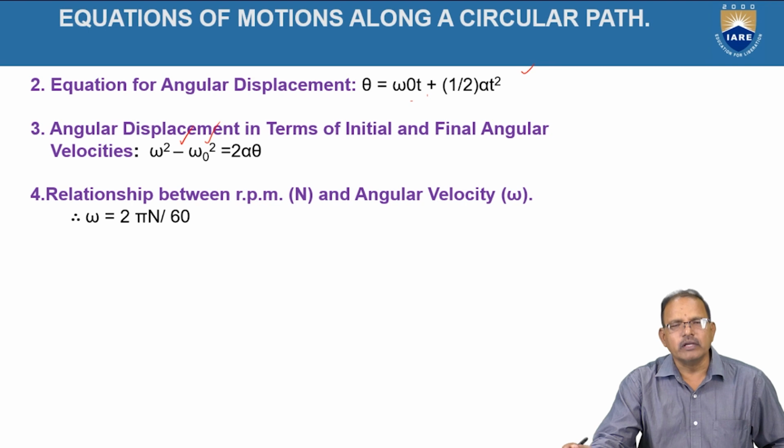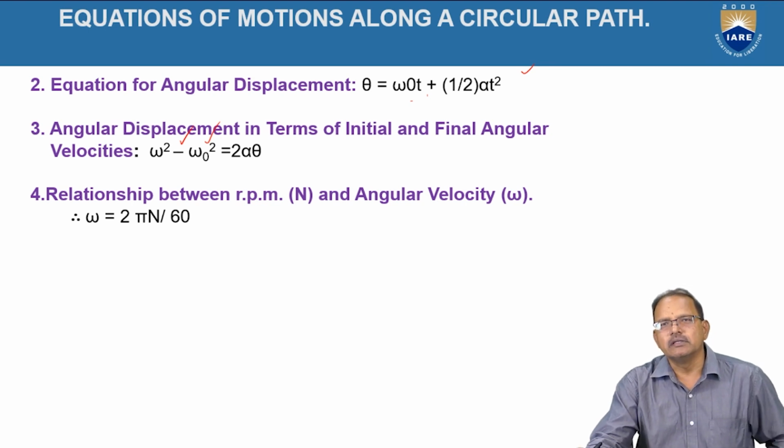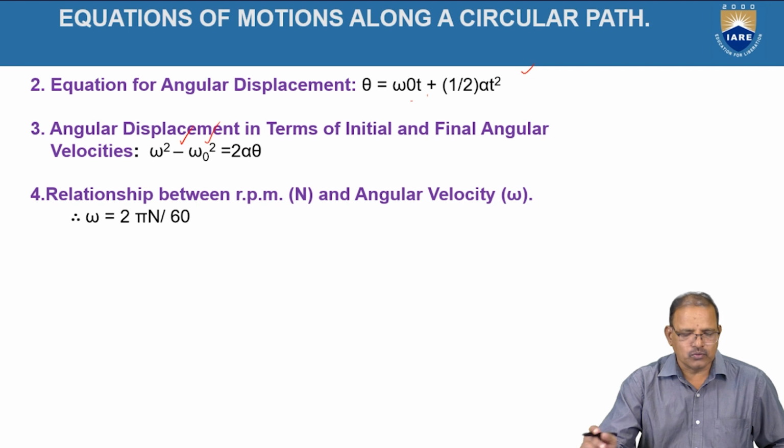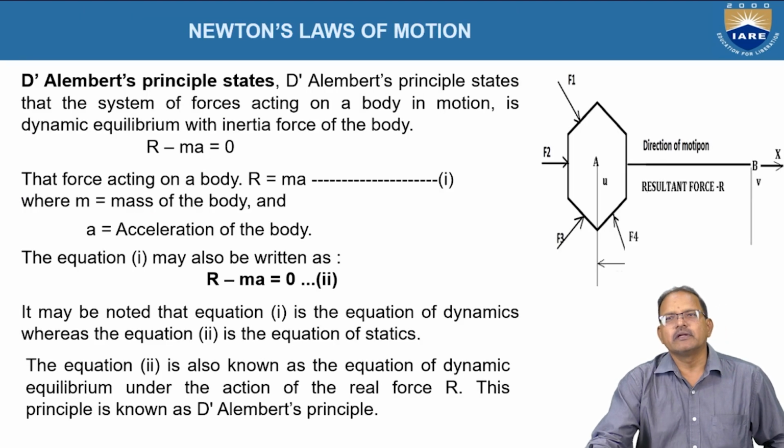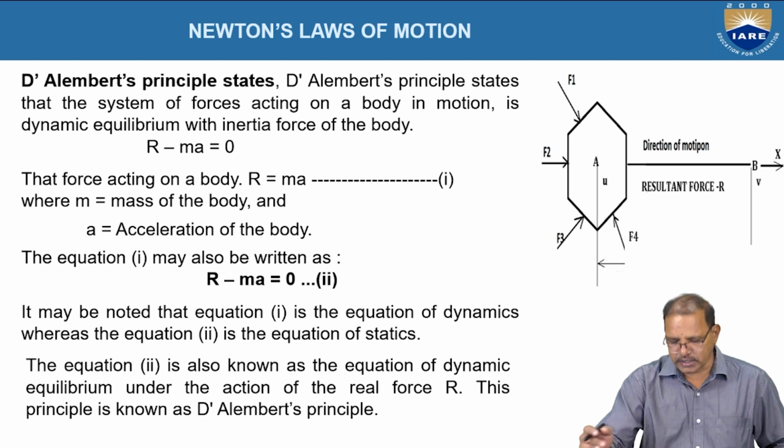When the speed is represented in revolutions per minute, that is RPM, then angular velocity is given by 2 pi N by 60.